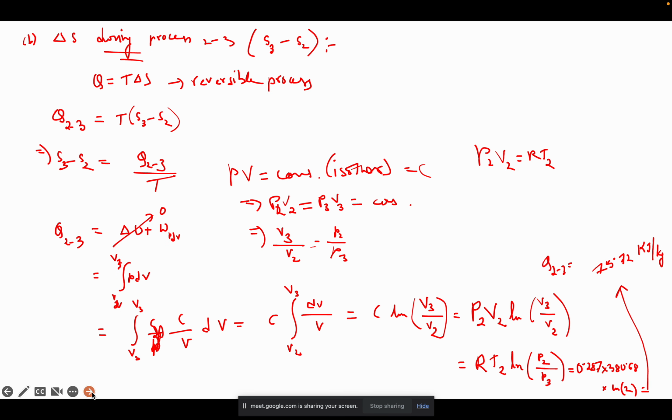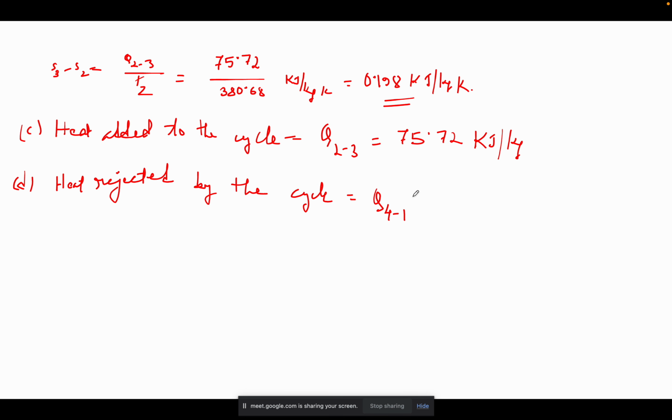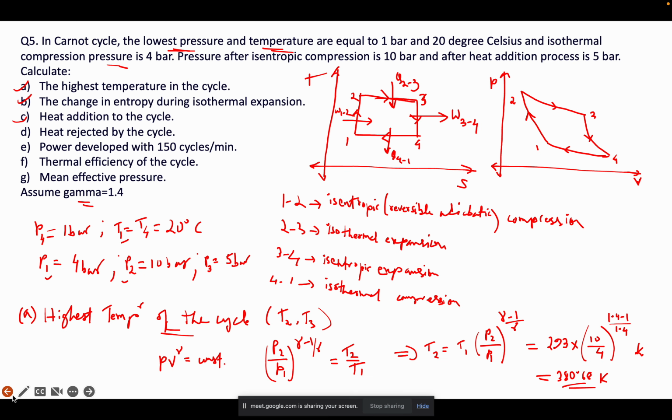Now similarly, since this is also a reversible process, I can write this one as T4 times S1 minus S4, because it is a reversible process, and Q is equals to T into delta S. Now we know T4, we also know delta S.